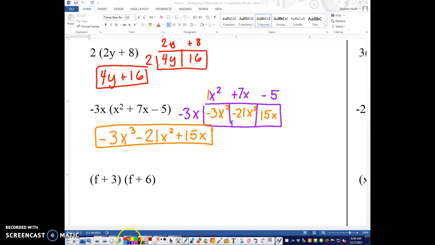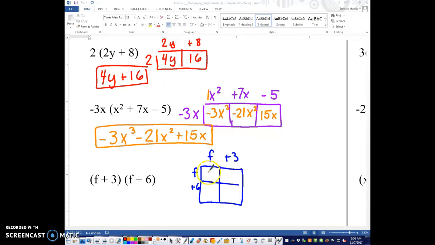Okay, now we're looking at the next problem. It's a 2 by 2, so we need to make our box a 2 by 2. On top goes this f plus 3, and to the side is this f plus 6. Okay, you ready?